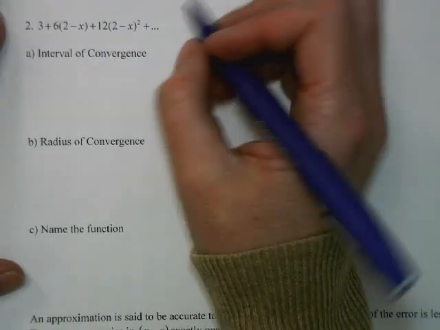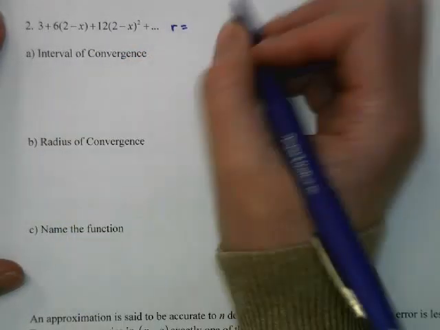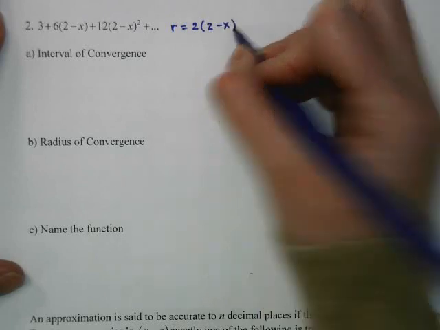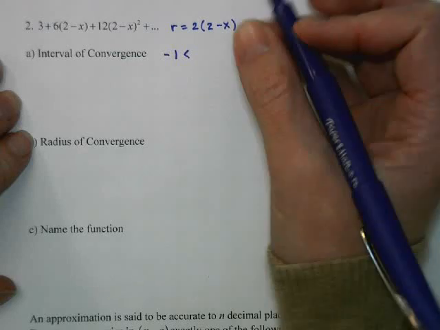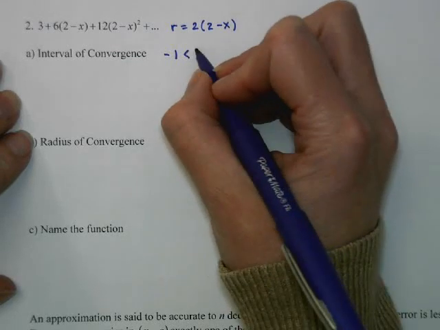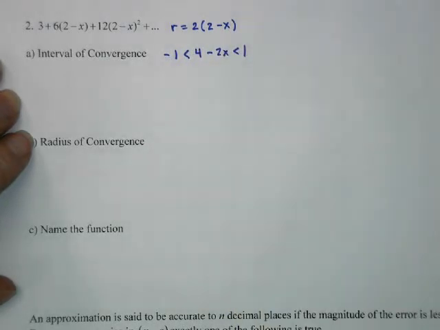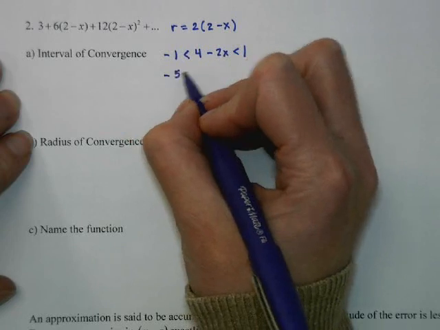Okay, another geometric series. Our common ratio here is we're multiplying by 2 on the outside and then a 2 minus x. So the interval of convergence is going to be when that, which if I multiply is 4 minus 2x, is between negative 1 and 1. So subtract 4.